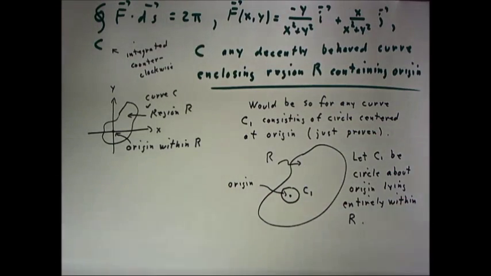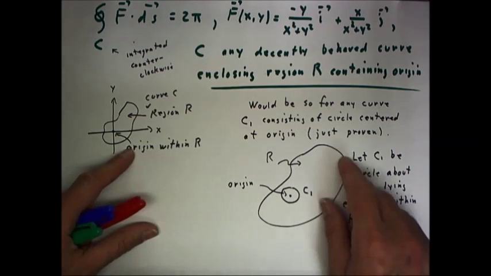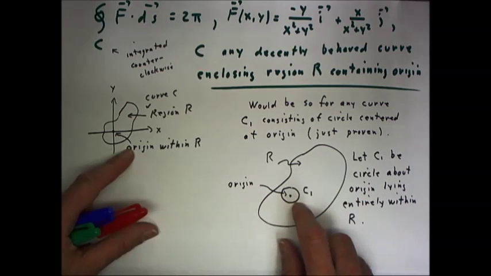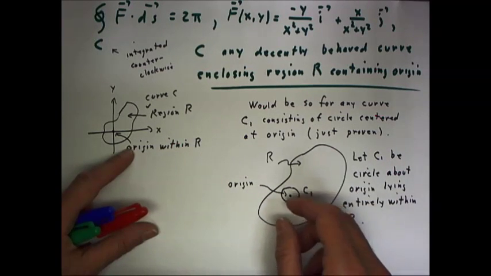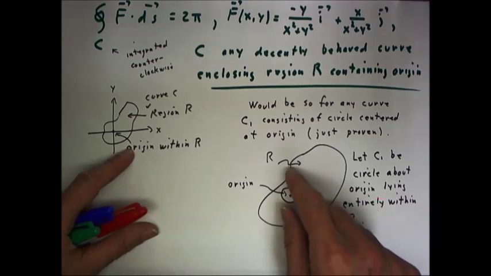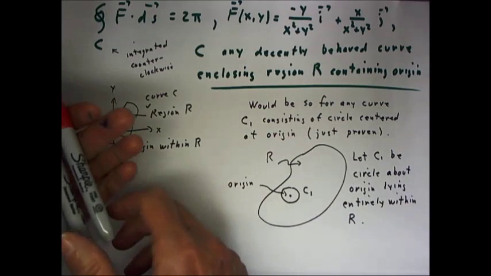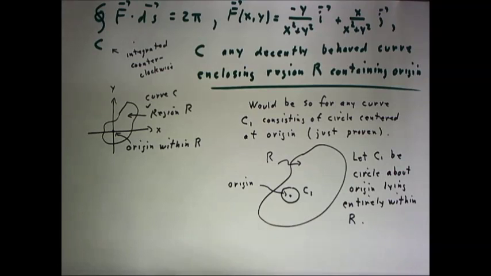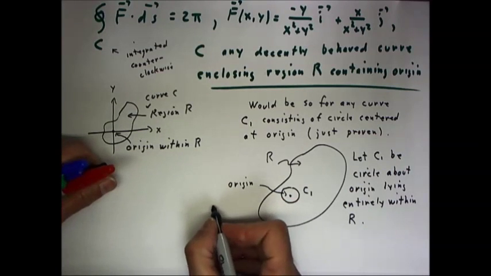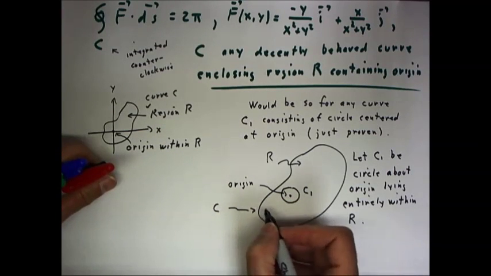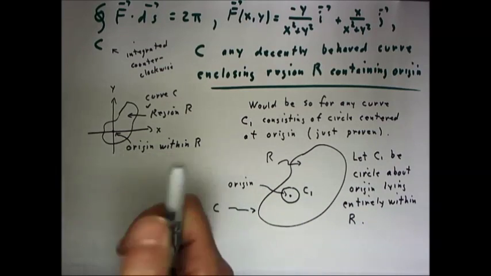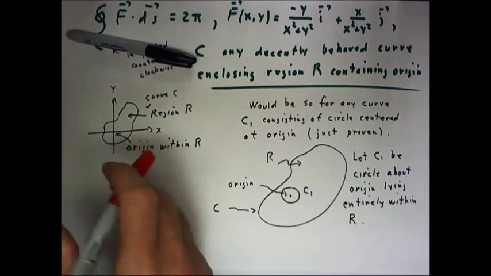Now, we're going to construct a closed curve, a closed path, that includes both C1 and C, the boundary of our region R. And let's go ahead and label C being the boundary of the region. So the curve is going to go like this.